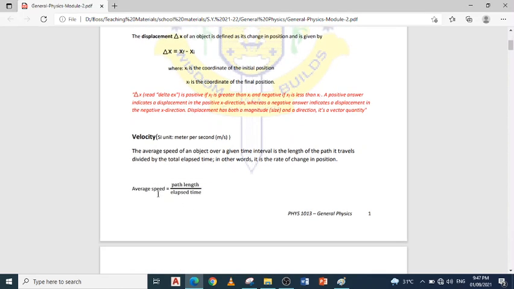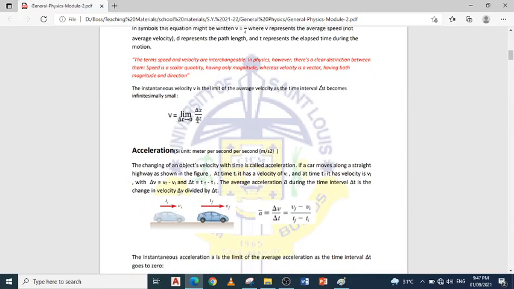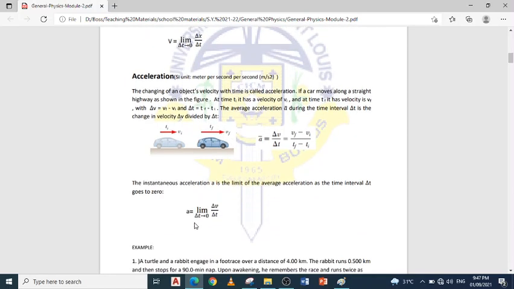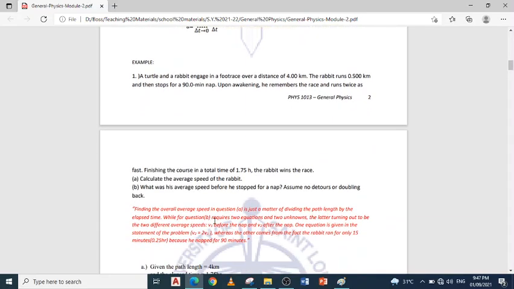Okay, so average speed is path length over the elapsed time. So, ito, velocity natin is the limit of delta x over delta t as delta t approaches 0. Then, ganoon din dito sa acceleration. Okay? So, itong example, may explanation naman dito.